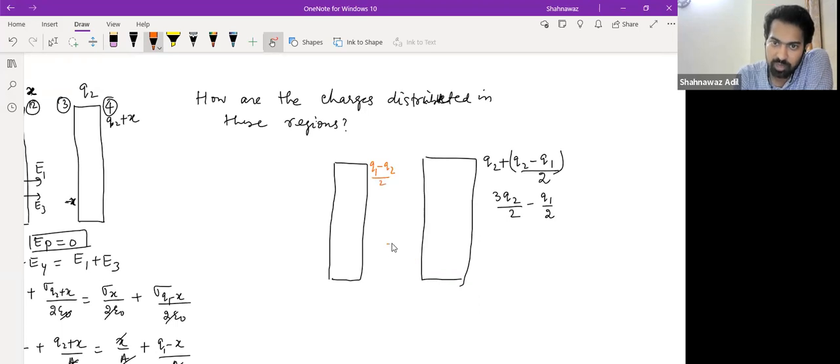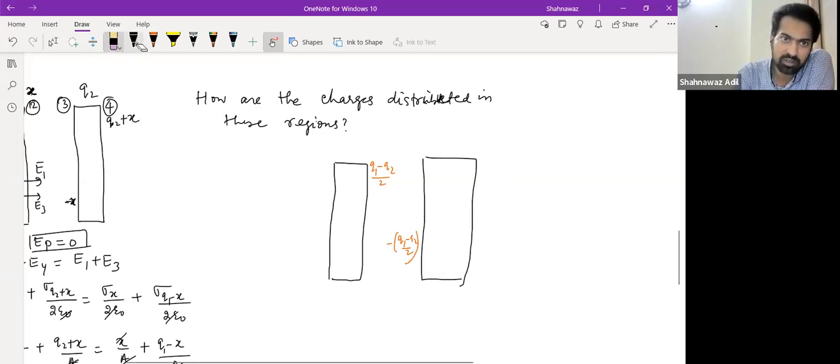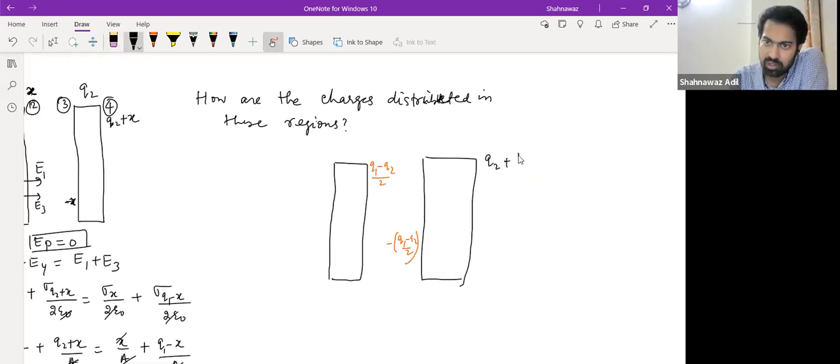This would be minus of Q1 minus Q2 by 2. And this would be Q2 plus X, so Q2 plus Q1 by 2 and minus Q1 by 2. So this would be Q2 by 2, so Q1 plus Q2 by 2.